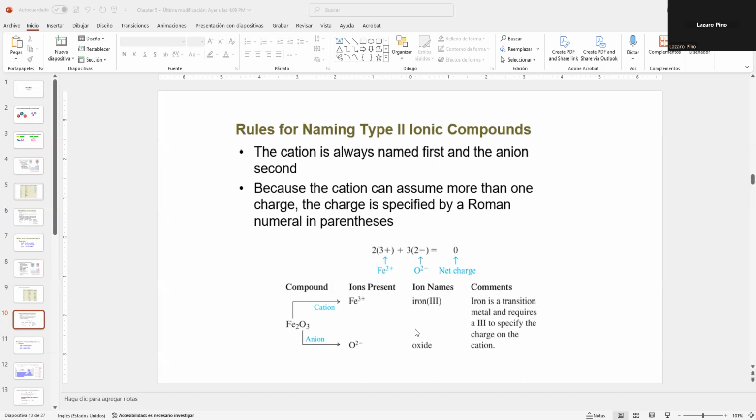Well, how can we find out the charge of the element? I'm going to explain later, because sometimes you have only the formula and you don't know what to do with this.